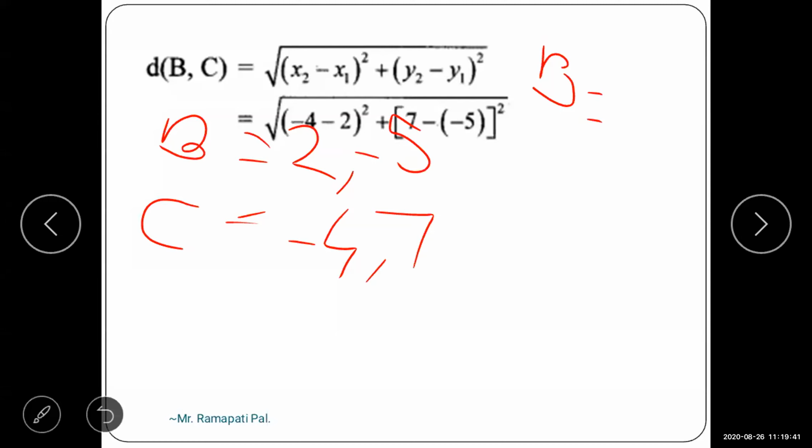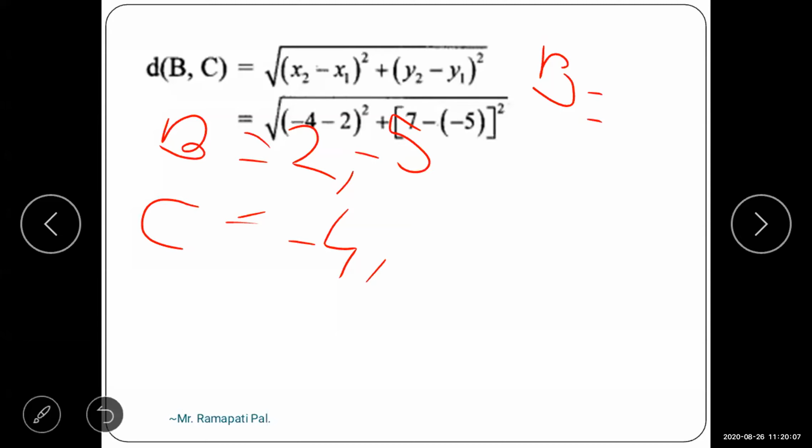Now, minus 4 minus 2 is minus 6, and 7 minus minus 5 becomes 7 plus 5. Okay?